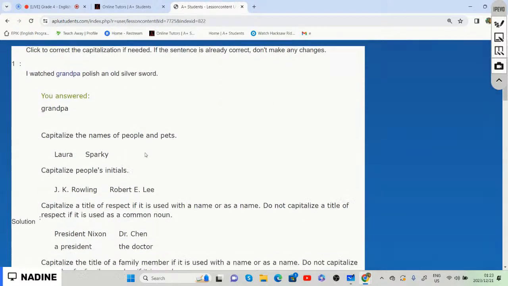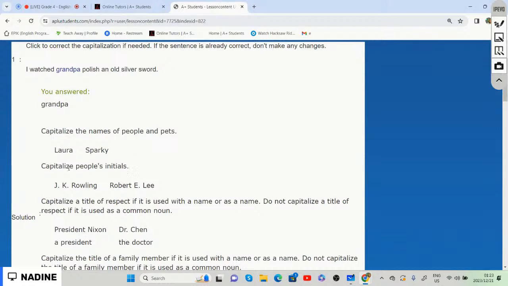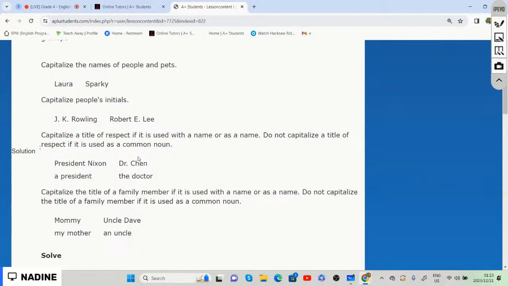We already made a few examples, and we went over when to capitalize names of people, names of pets. We capitalize people's initials and surname. We capitalize titles of respect, for example, President Nixon, Dr. Chen. And we also capitalize, for example, names of family members if it is used as a name.